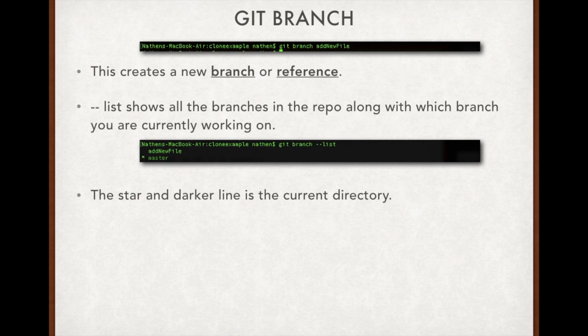But if you do git branch --list, you'll see the full list of branches you have for that repo. And the star and the darker text on master in this example show that that's the current working directory and the current branch you're on.